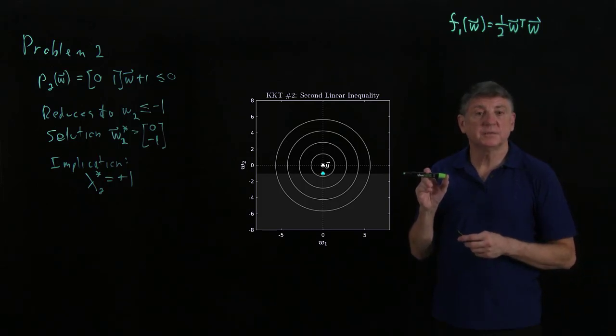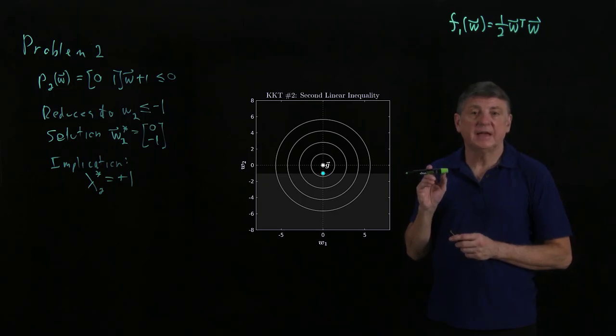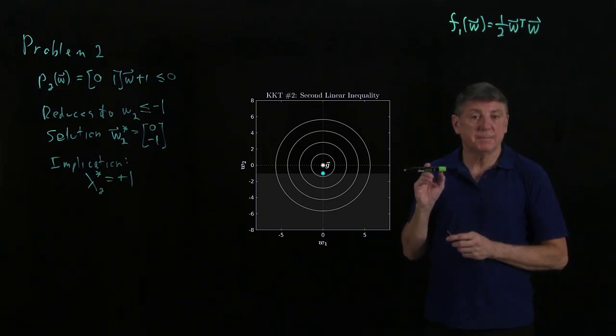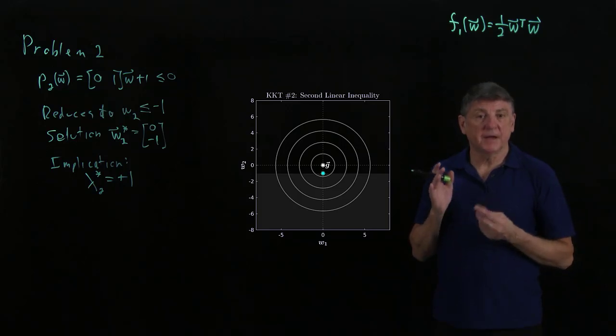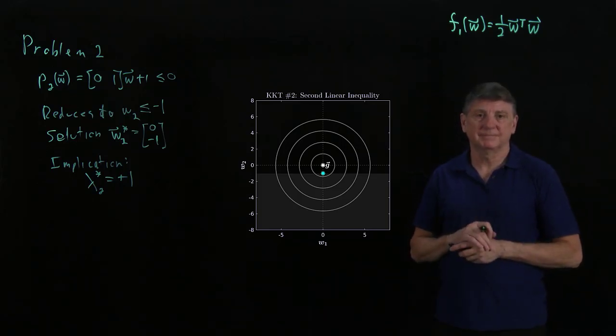So for this problem, the constraint has to be active, and the solution is a boundary point of that constraint, and we can then solve it numerically or algebraically as an equality problem. Now, let's take a look at problem 3.